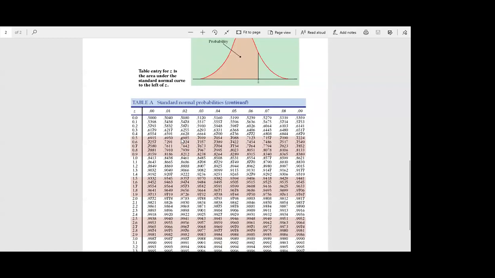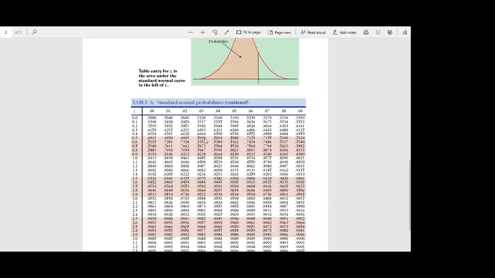But I was just looking for the closest value to 0.70 and I found 0.7019, right? So the first thing we have to do is look for the closest value to 70.